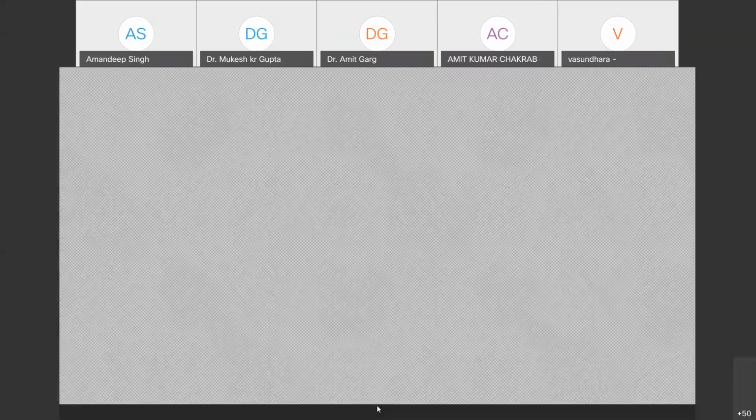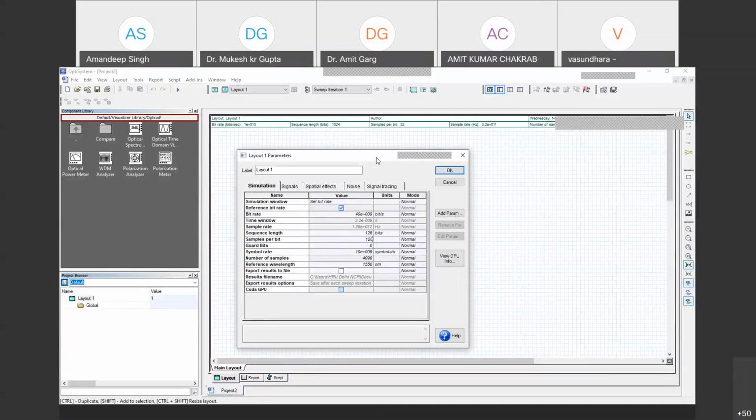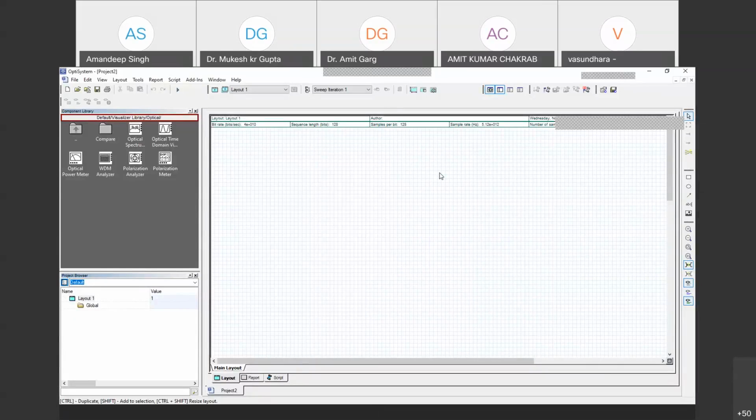We'll be working at 1.55 microns, 1550 nm. So now this is set.